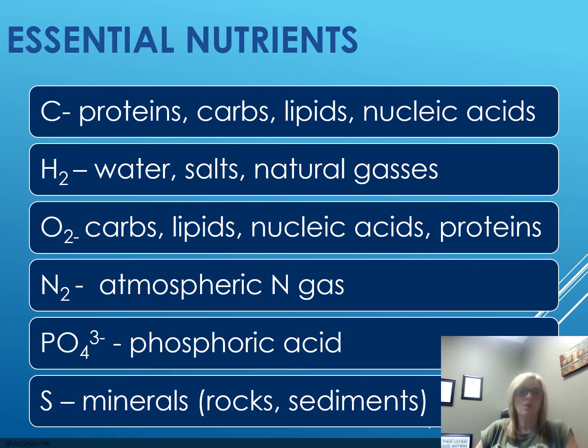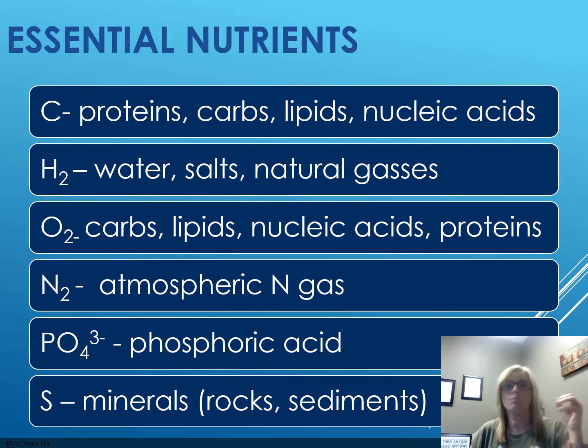So here's a partial list of those essential nutrients. Chemicals that organisms cannot make themselves, right? Those are essential nutrients. So we've got the list of those and where we can obtain some of these. We've got carbon, which can be found from proteins, lipids, nucleic acids, or carbohydrates, which are those 4 macromolecules.